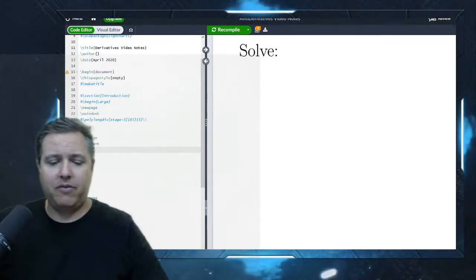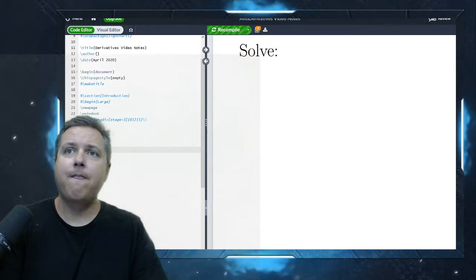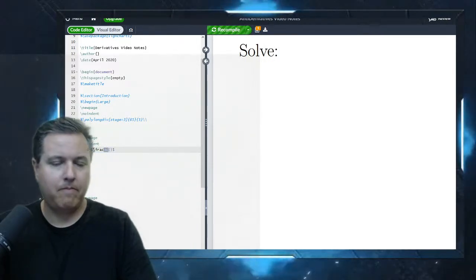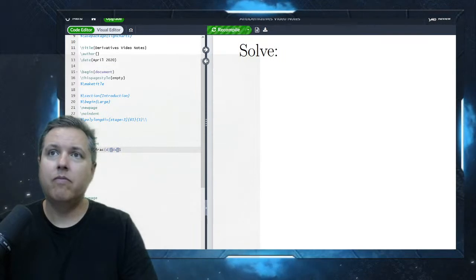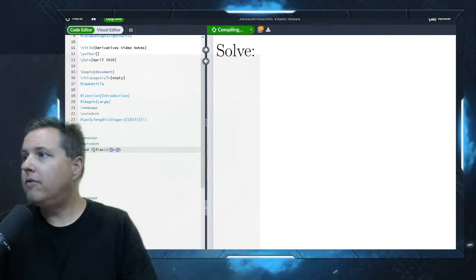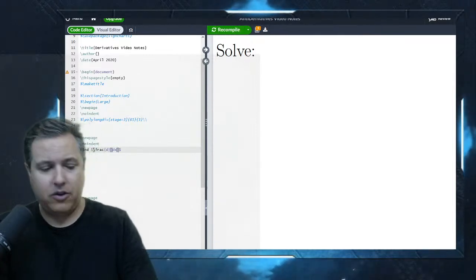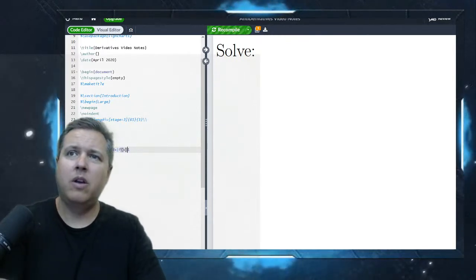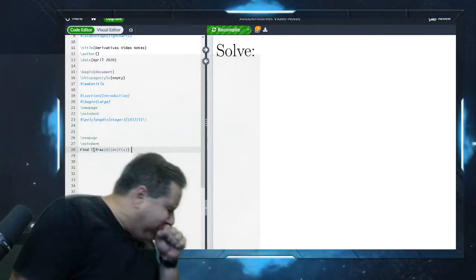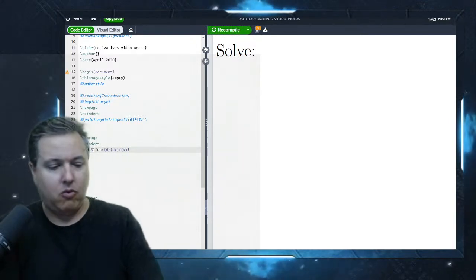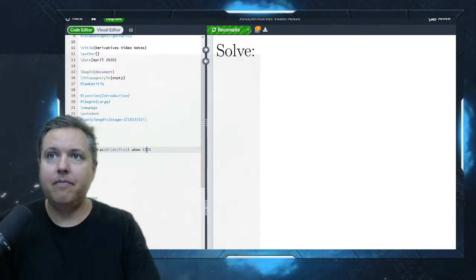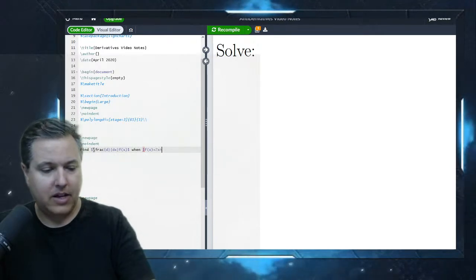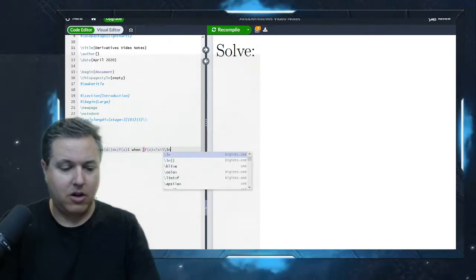So say we want to find the derivative of f of x when f of x equals 7x cubed times the natural log of x.